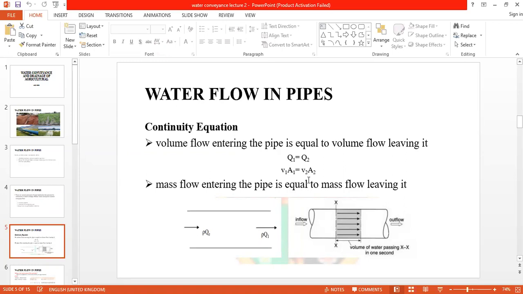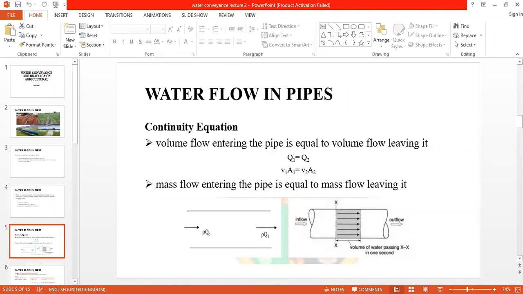I'm sure you've seen, when you're watering with a hose pipe, water is coming out. Then if you try to push your finger in front of the pipe, water will start moving at a faster rate because effectively you have reduced the size of that pipe where water is coming out from.